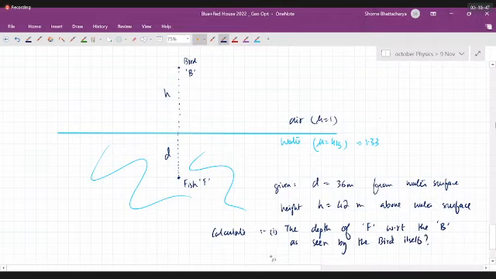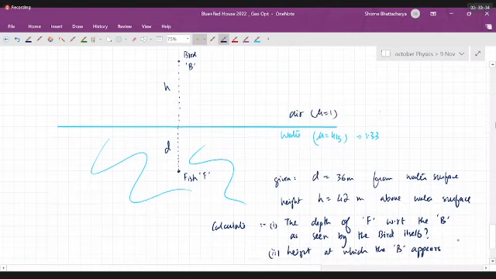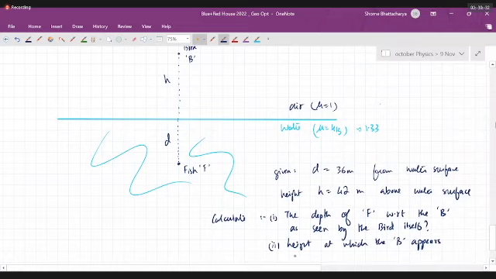And similarly, the height at which the bird appears to the fish, with respect to itself.